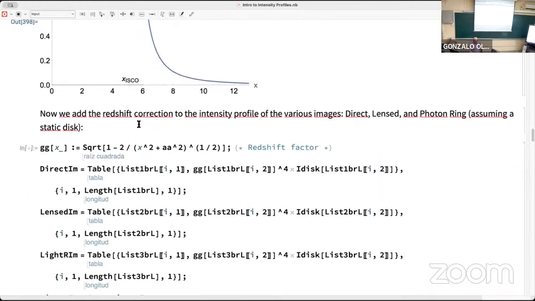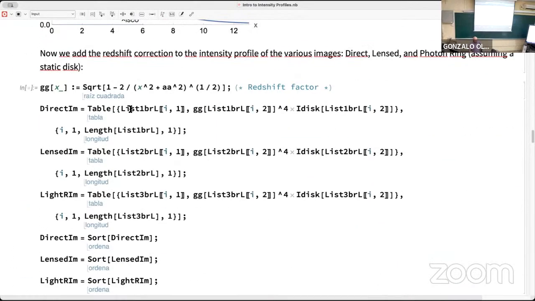So we need to compute the intensity profiles. The first component is the impact parameter. For this impact parameter, give me the intensity. This is the intensity at the radius where that impact parameter is hitting the disk in the direct image, multiplied by the redshift factor.